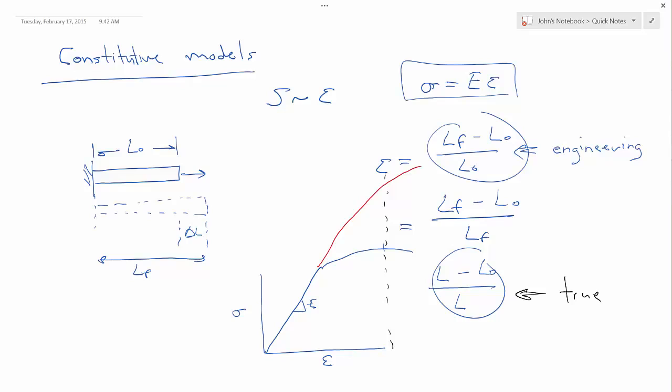So it's a big difference, and you need to label your strain and understand which strain you're talking about.